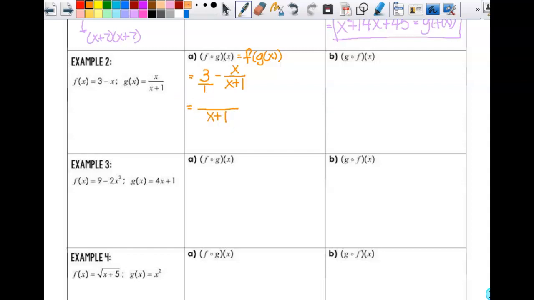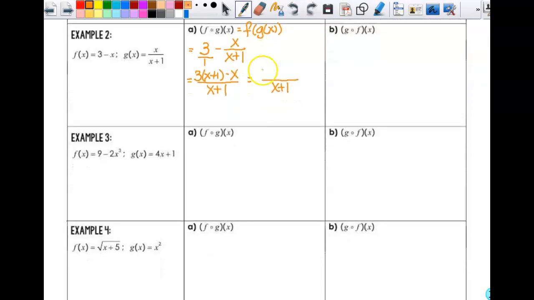So that first fraction has to get multiplied by x plus 1 over x plus 1, so the numerator becomes 3 times x plus 1. The second fraction doesn't have to be multiplied by anything because the denominator is already x plus 1, so that's just minus x. So then the numerator will become 3x plus 3 minus x.